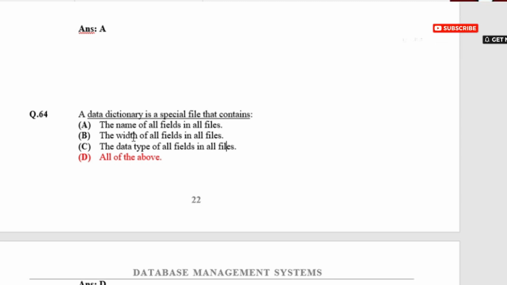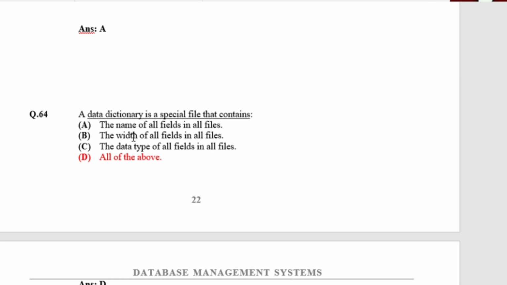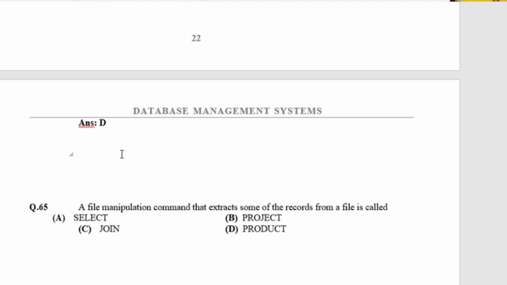The width of all fields, here I think it means the length of the data type, the number of characters. Data type of all fields in all files, yes. Data type, width or size, of all fields of all files. Then the possible answer is D.